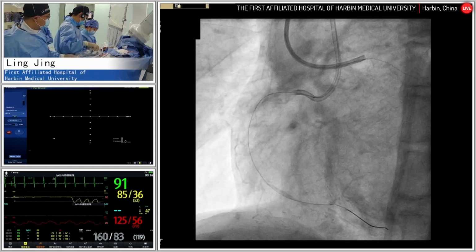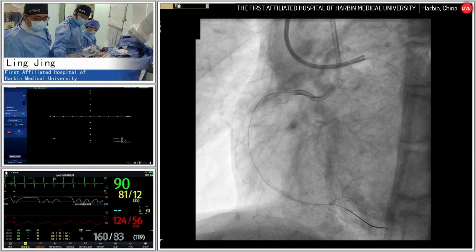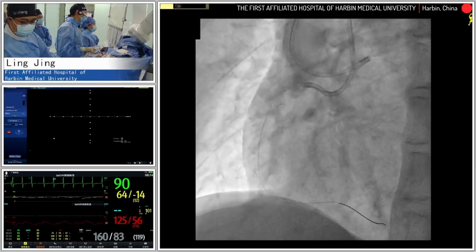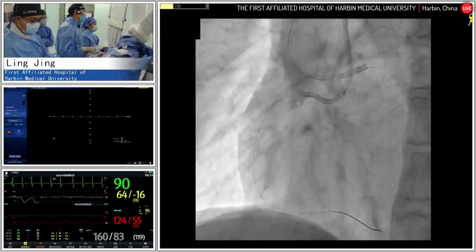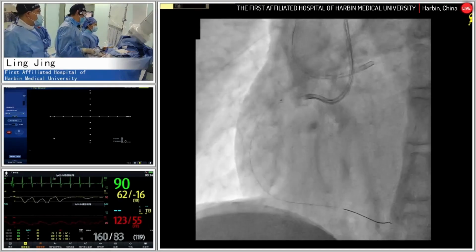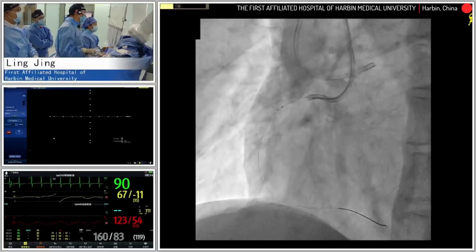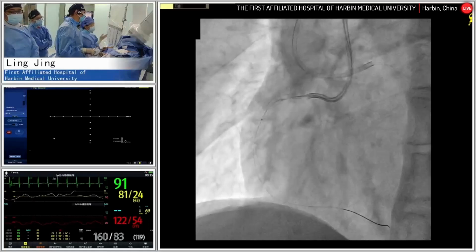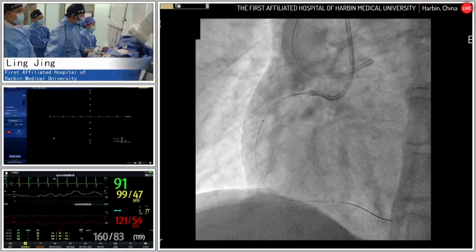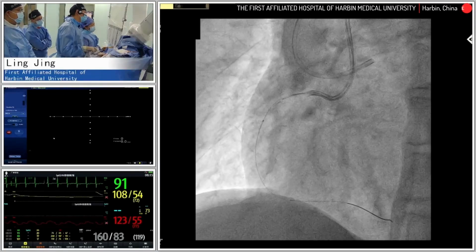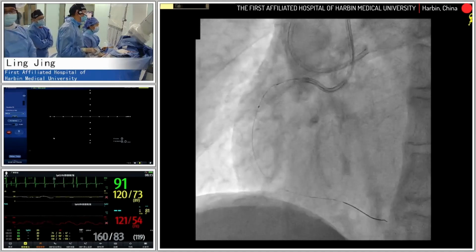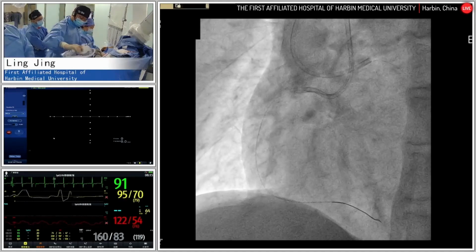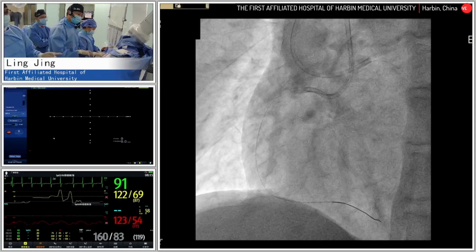However, QFR indicated that the LAD lesion could be deferred because it's only 0.8 something, which is about the cutoff value. So this time our target vessel is the RCA.